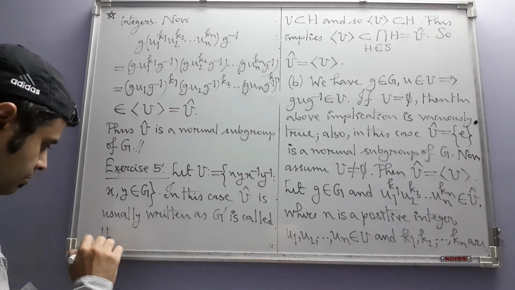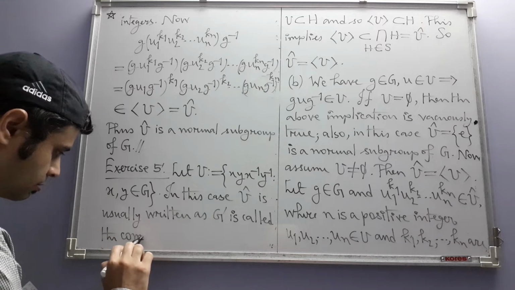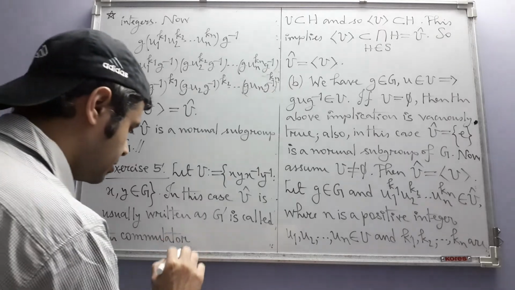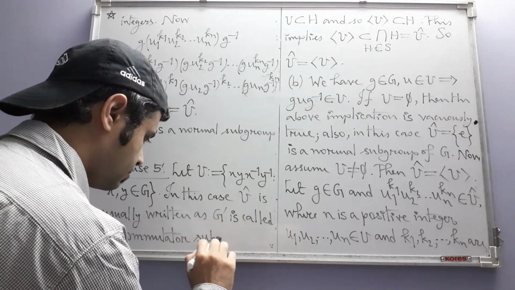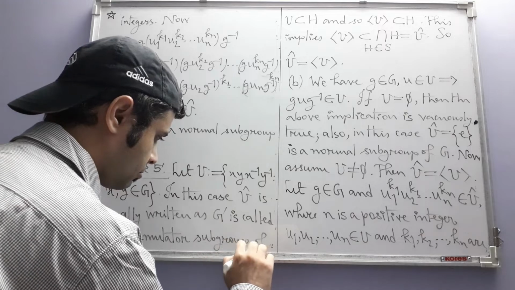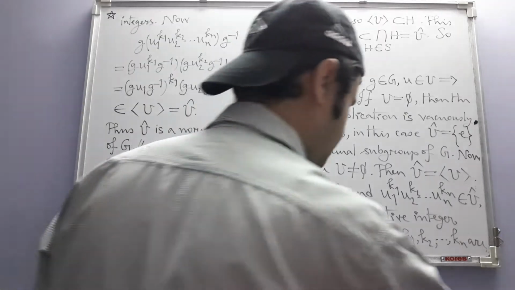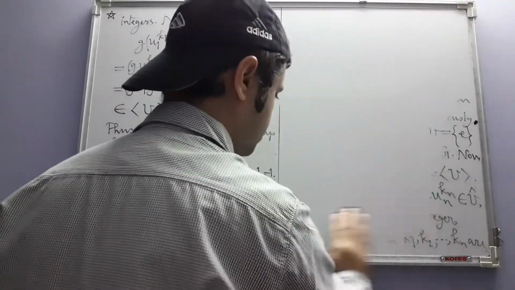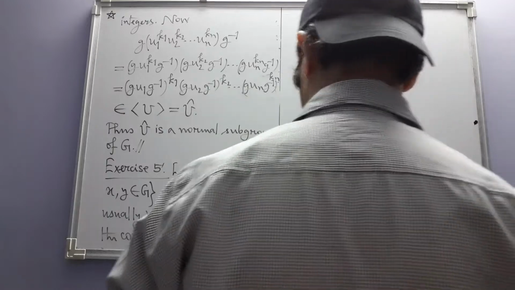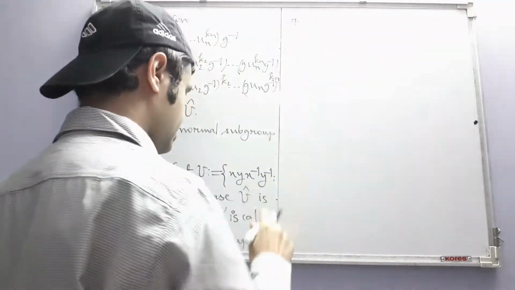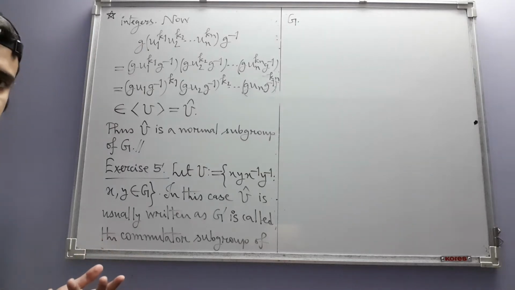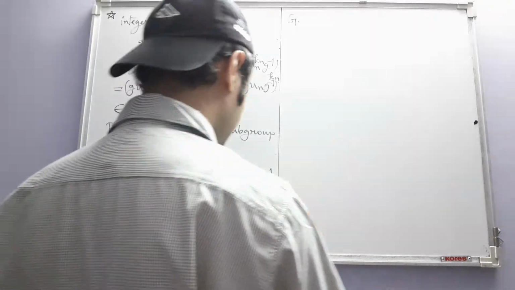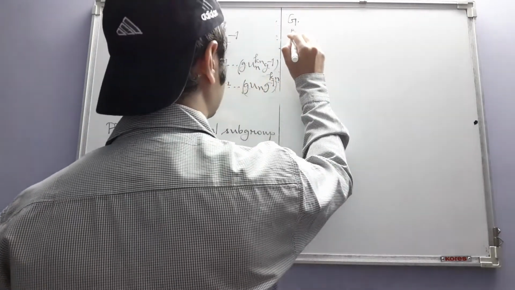And is called the commutator subgroup of G. It has another name also. It's also called the derived subgroup of G, which however Herstein is not using.